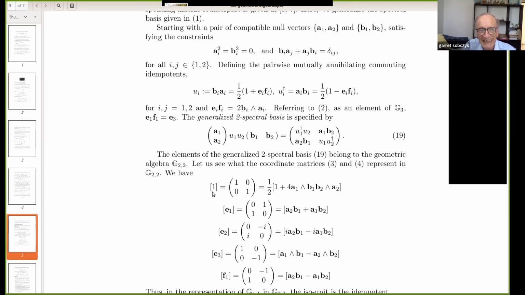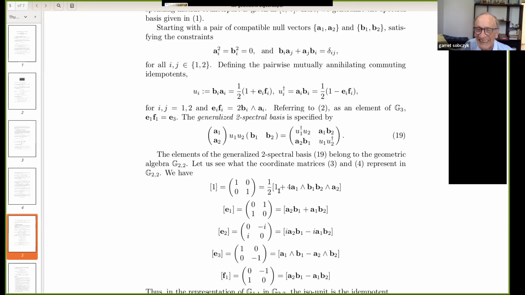Well, for example, the identity matrix, which is still the identity matrix. See, that's unlike the standard isogeometric algebra. We had e to the phi E1, okay? But in this case, we still have the identity matrix, but now it's interpreted as 1 plus, well, this quantity here is A1 times B1, B2 times, so that's a 4 vector.